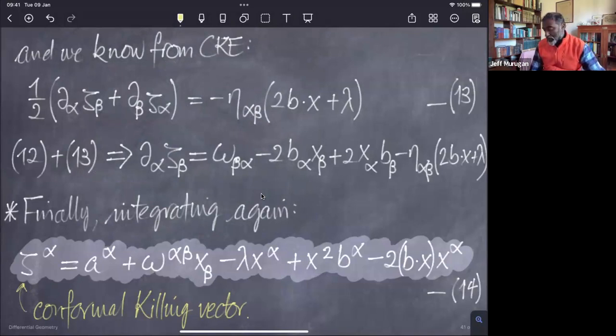So following what we did in 2 dimensions, let's count the number of independent parameters in this solution. Sorry, this is the conformal Killing vector in d dimensions.